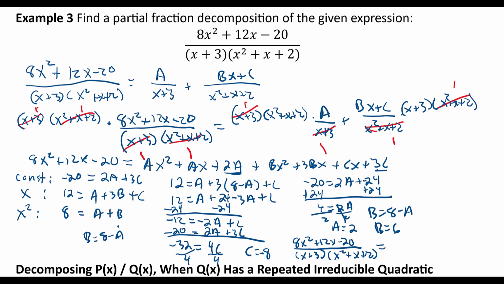There it is. 2 over the x plus 3. Then our B is a 6 times the x plus, and our C was negative 8, so I'm just going to say minus 8 over x squared plus x plus 2. Okay, that was pretty cool.